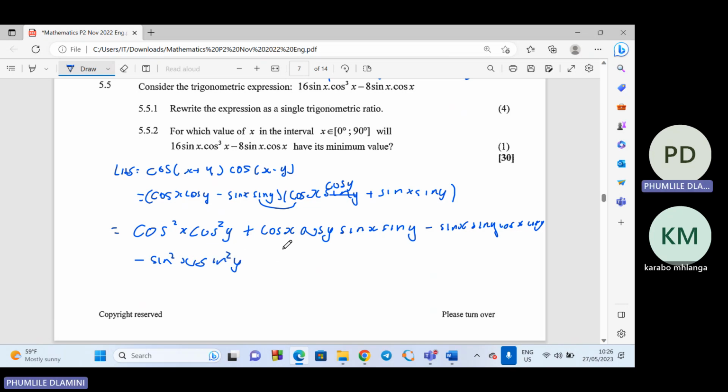Okay? So you will see that these identities are exactly the same, with plus and minus. This is going to cancel with each other. We are going to have 0.